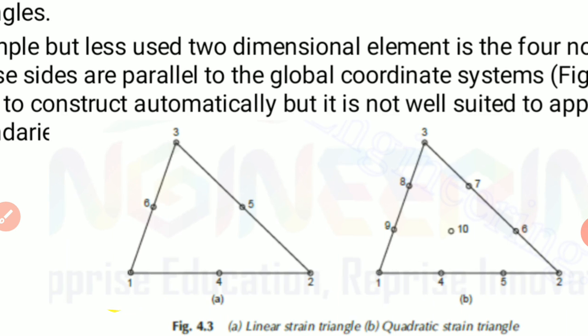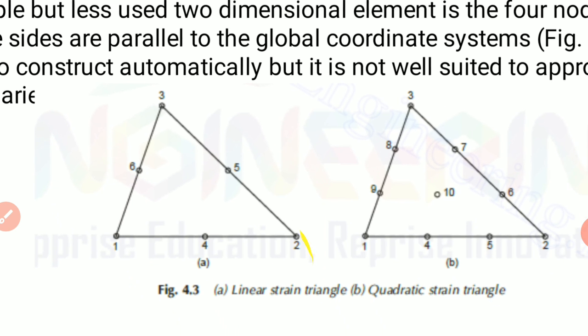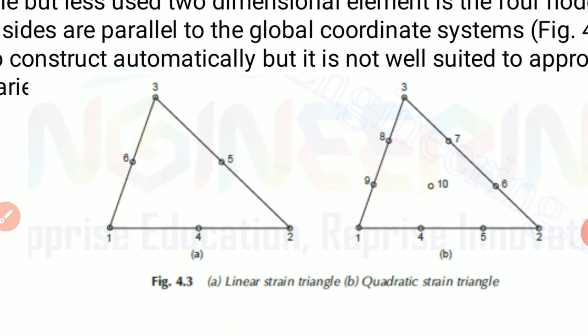Okay, now see here the same triangle is divided. In the constant strain triangle, the triangle is divided into 3 nodes, and in the linear strain triangle it is divided into 6 nodes.